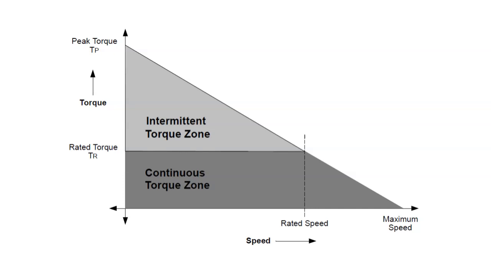The motor can be run up to the maximum speed, which can be nearly 150% of the rated speed, but the torque starts dropping. This is like a gear ratio in a classical internal combustion engine vehicle.